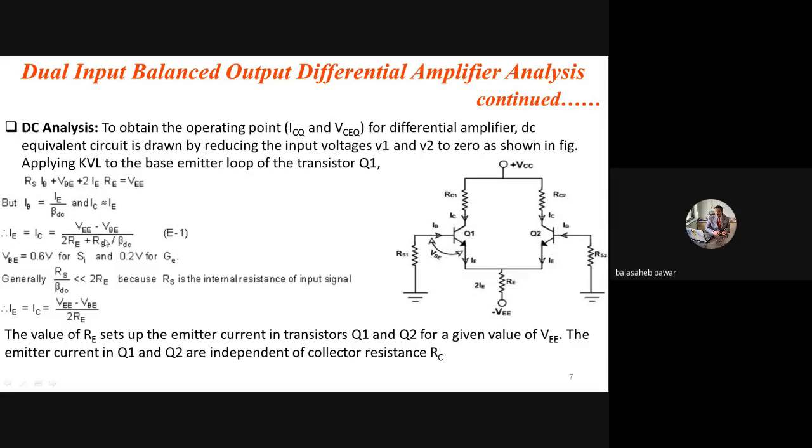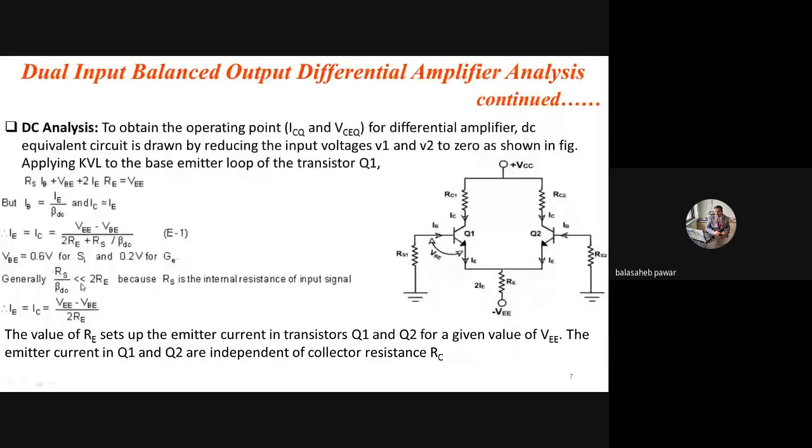Then that VBE, when a transistor is operating in its amplification region, that is the active region, is the voltage drop across the forward biased base-to-emitter junction. That is 0.6 volt for silicon, if the transistor is manufactured from silicon material, and 0.2 volt if it is manufactured from germanium. Similarly, the term RS by beta DC is very, very small as compared to 2RE.